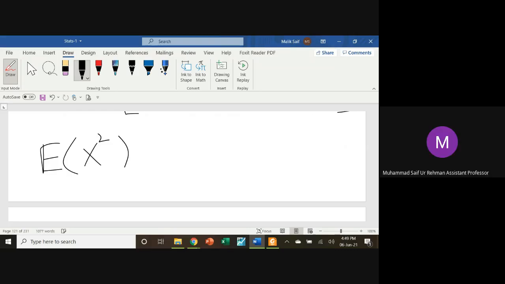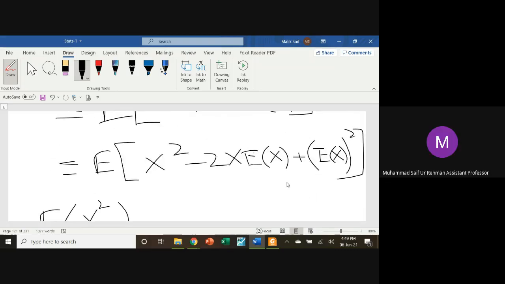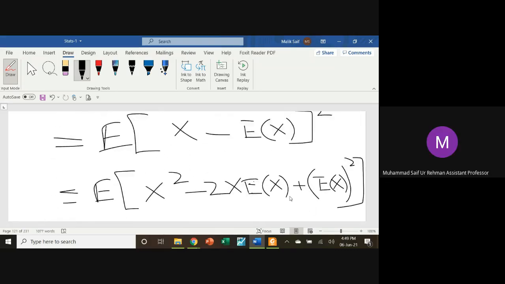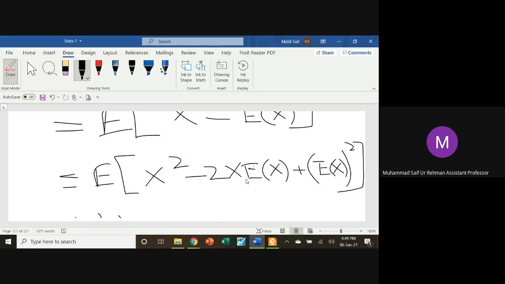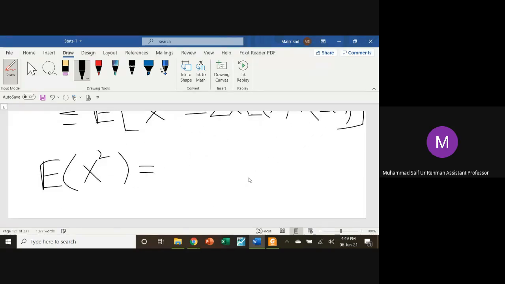So if you solve it for this E(x square), I mean, if you write it down as E(x square), what is it equal to? It is slightly complex: E of x(x minus 1) plus x.